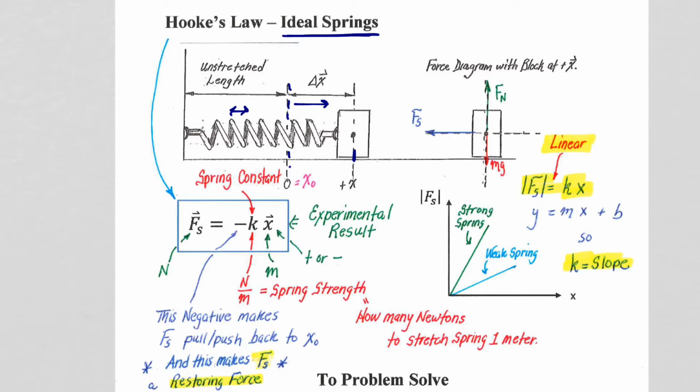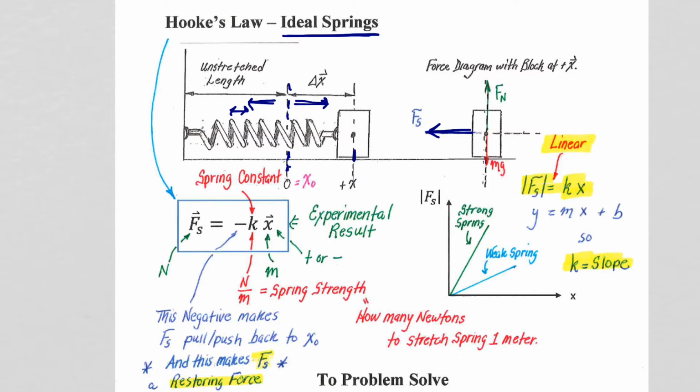Now, when we pulled it to the right to get it to this position, the spring is pulling back, and that's what springs do. They pull and they push back. They basically want to be at position 0. So if we pull the spring to the right, the spring will want to pull back to position 0. If we compress the spring to the left, the spring again would want to push back and put it back to position 0.